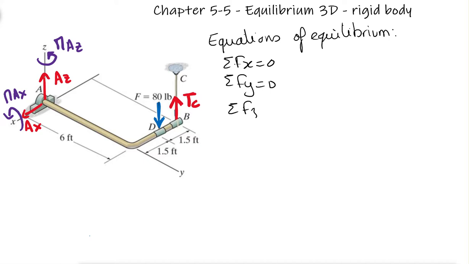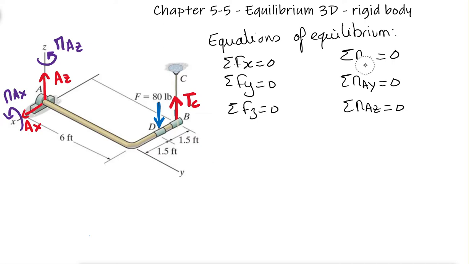Sum of the forces on Z is equal to 0. Sum of the moment about X is equal to 0, and we will use a point. In this case, the point that is easier to use is A, because that's where we have the more unknown. Sum of the moment about A on Y is equal to 0, and sum of the moment about A on Z is equal to 0.